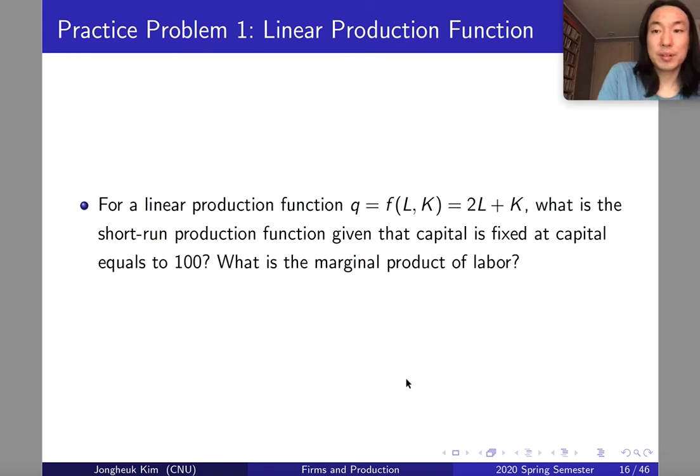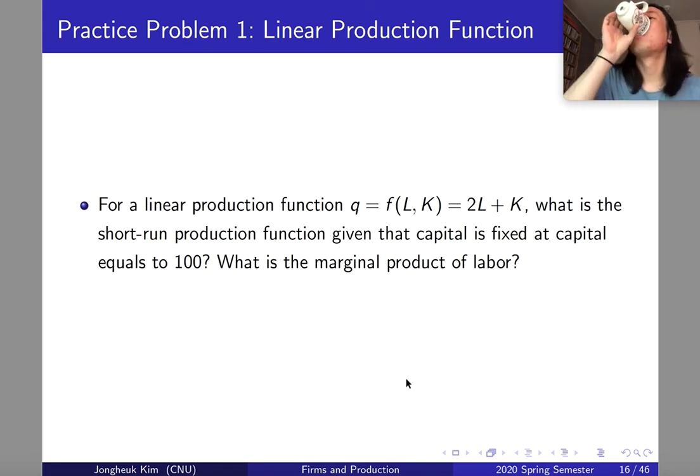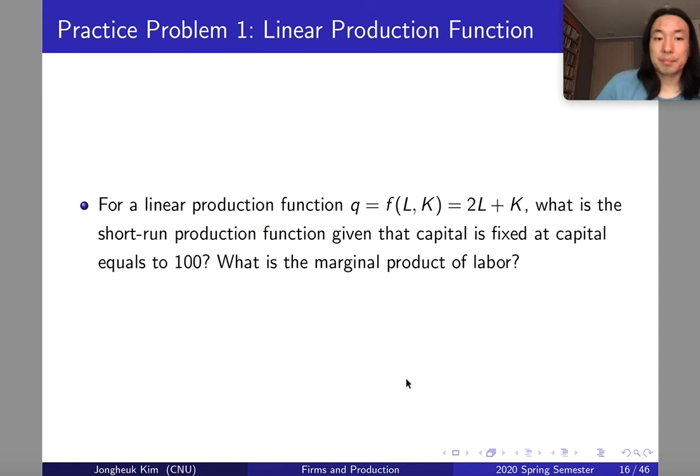So this is practice for us. Fortunately, we have a linear production function. Q equals F of L and K. So your total output will be the result of any kind of production mechanism using the two types of input, the labor and the capital.